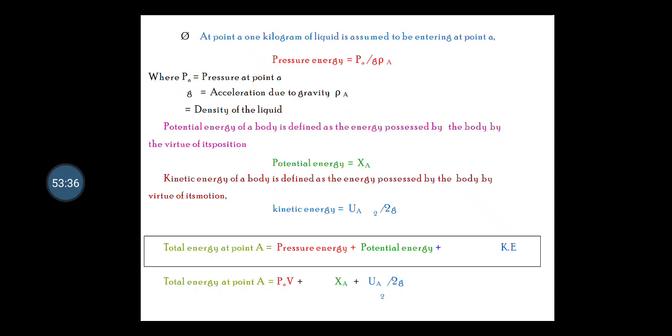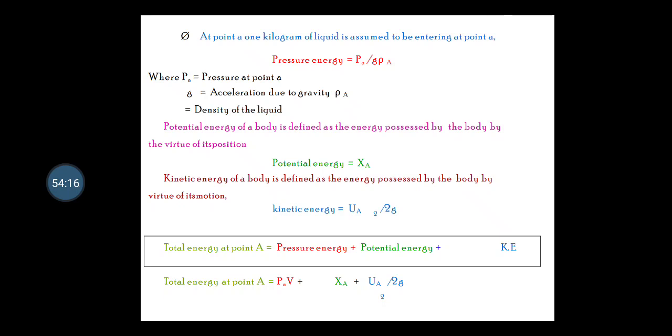Potential energy of the body is defined as the energy possessed by the body by virtue of its position. So potential energy is equal to XA. Kinetic energy of the body is defined as the energy possessed by the body by virtue of its motion. So kinetic energy is equal to UA square divided by 2g. The total energy at point A would be pressure energy plus potential energy plus kinetic energy.